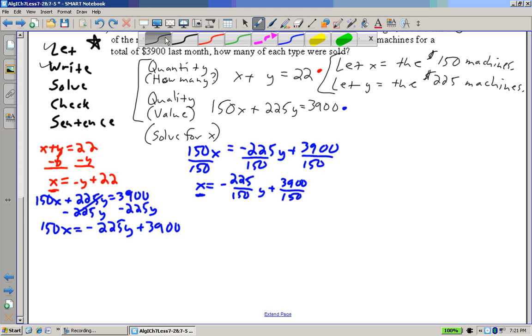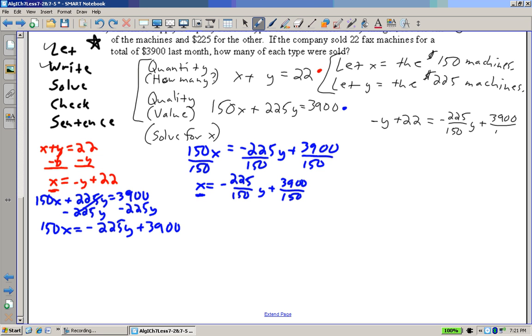Now, let's join the two together and solve. X equals this. This goes on one side. X equals this. This goes on the other side. You notice that I left these fractions alone.